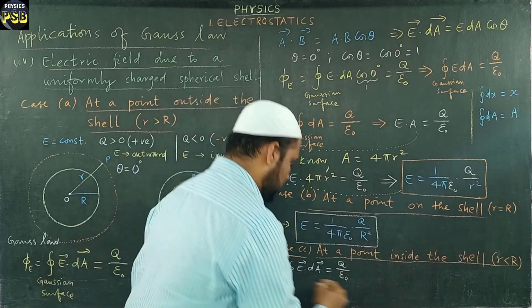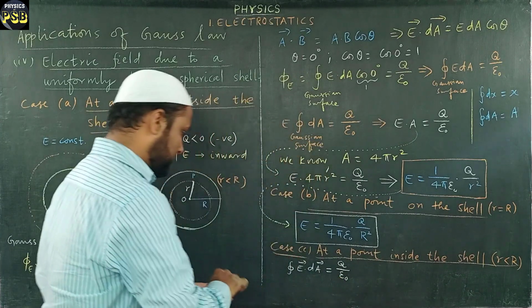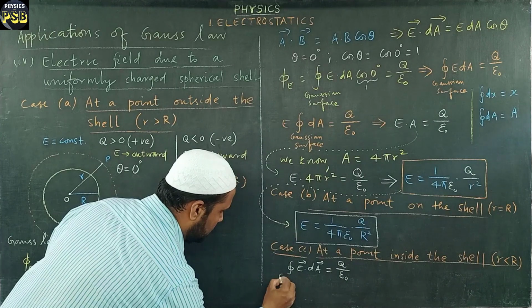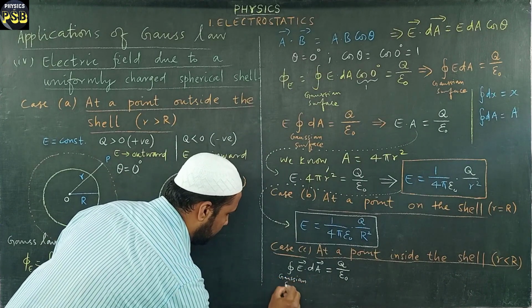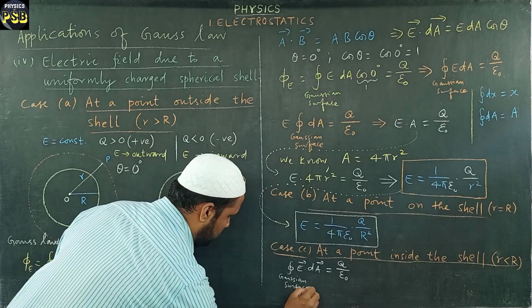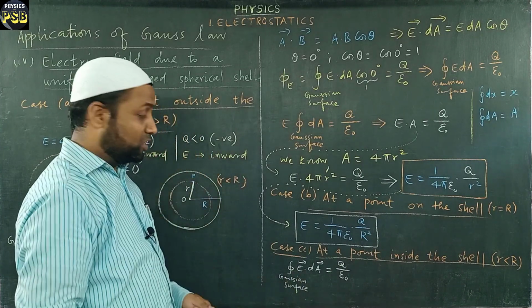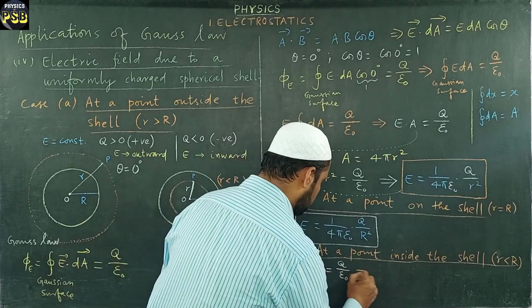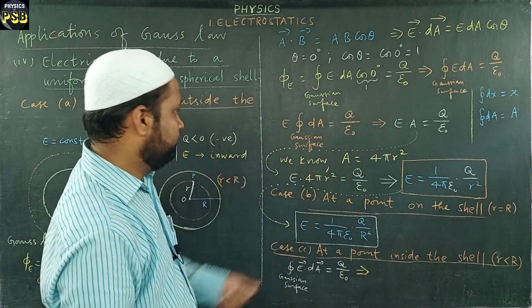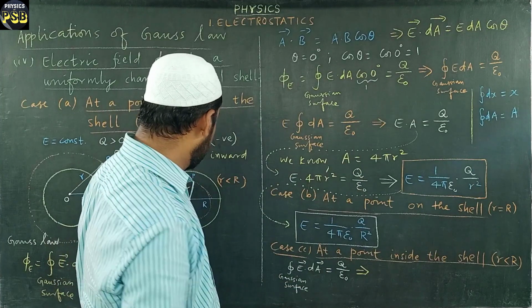Now, this closed integral is taken on the Gaussian surface. The Gaussian surface is the closed surface. Then we follow the same method here.